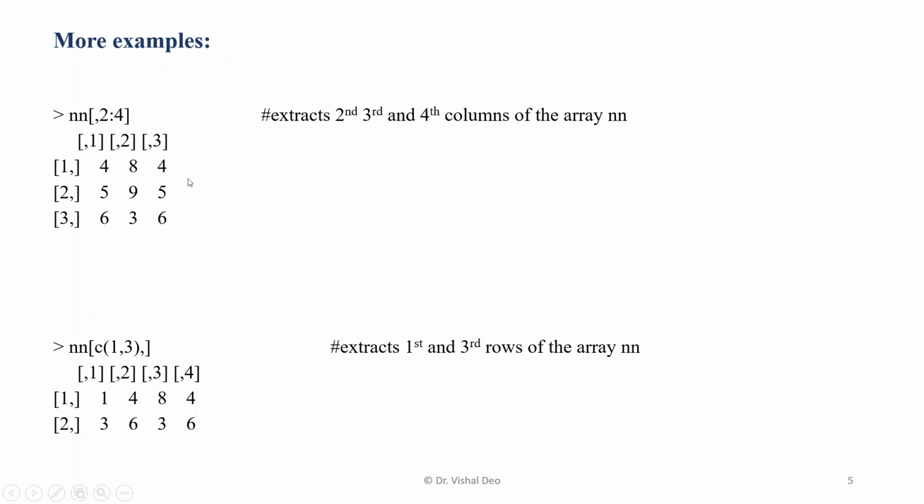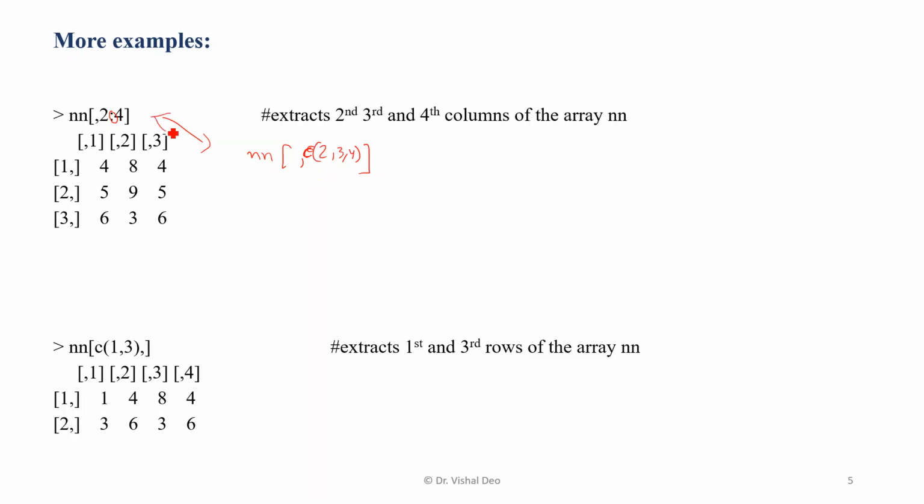And some more examples, suppose you want to do more complex indexing. Here, when I am writing nn[,2:4], we know that this means the sequence 2 to 4, that is 2 3 4. So this is actually the same as writing nn[,c(2,3,4)].